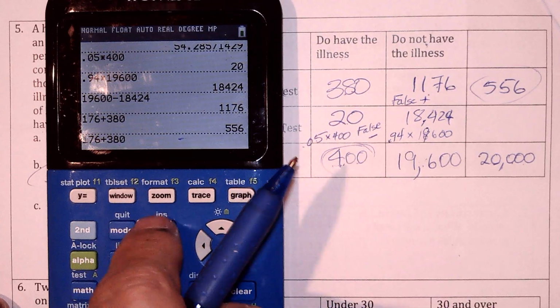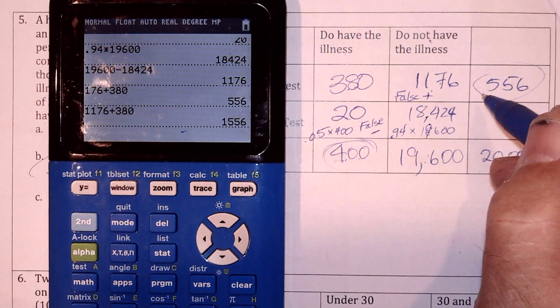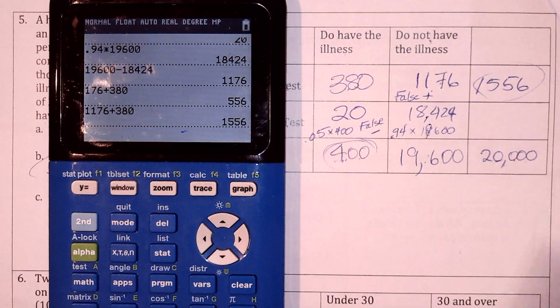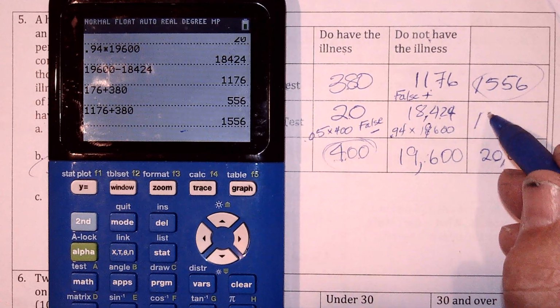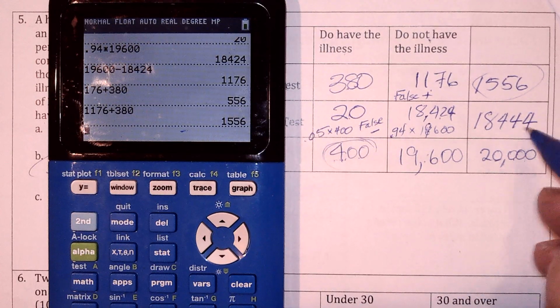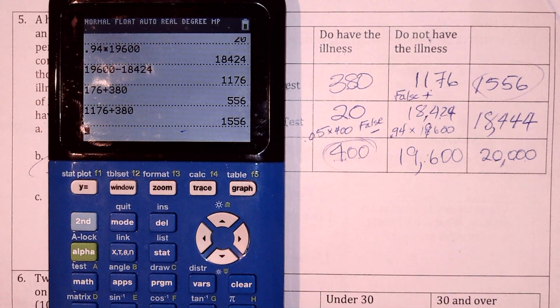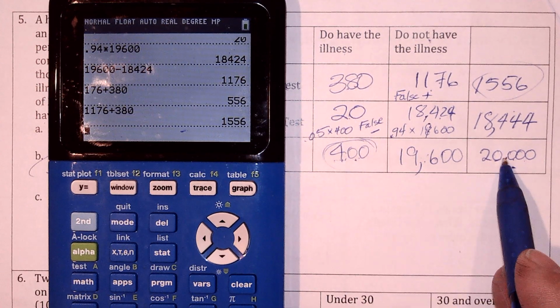I needed another 1 there. 1556. And 20 plus this, so that's 18444. And this plus this should equal 20,000.